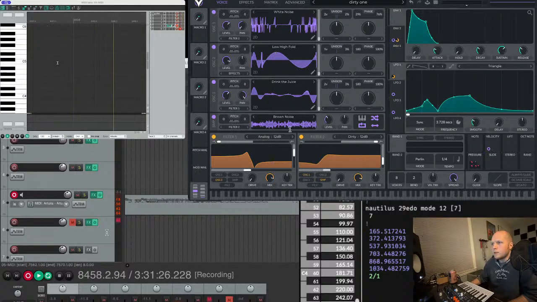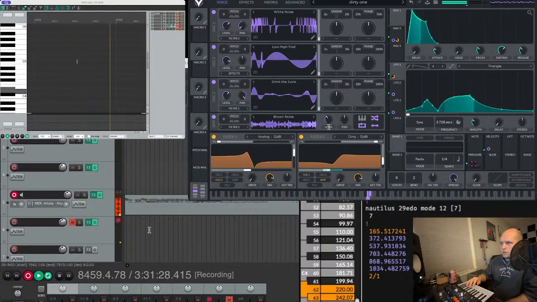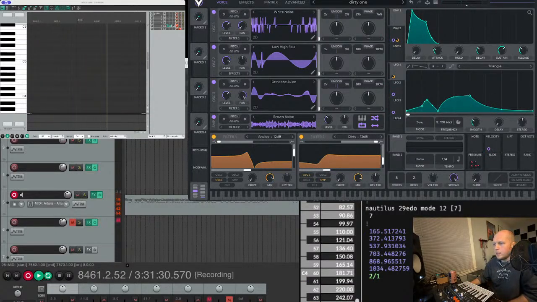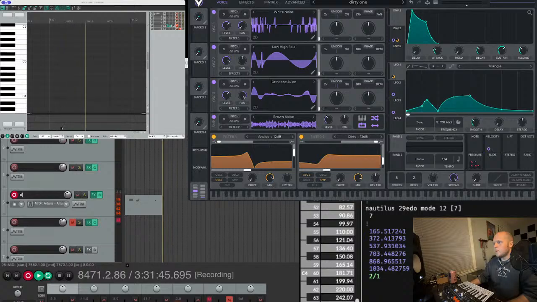So the first, oh actually this would be way easier to do in Scala. Oh, I don't have it pulled up anymore.